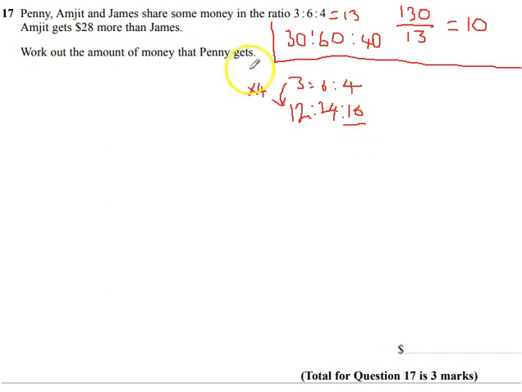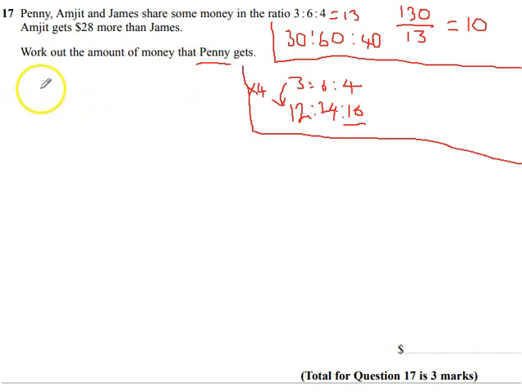But we still haven't done this question, which is even more complicated than those two examples, because it says that Amjit gets £28 more than James, and we want to work out the amount that Penny gets. So you've got to be very, very careful here.